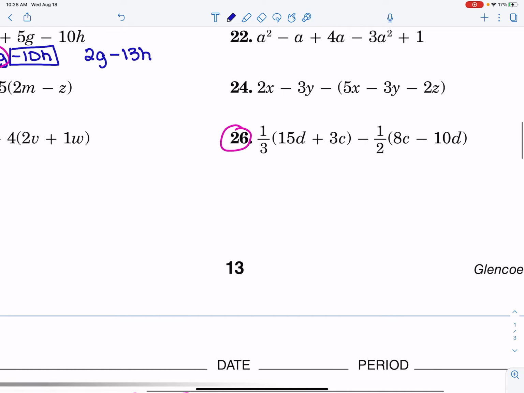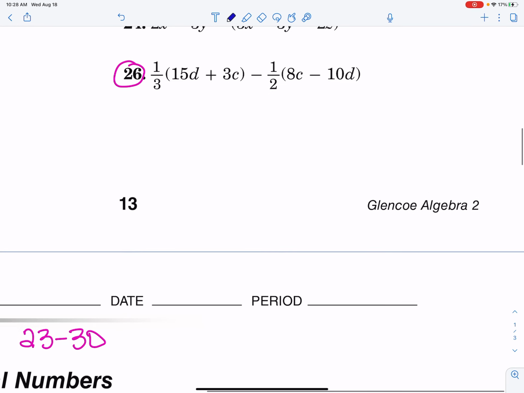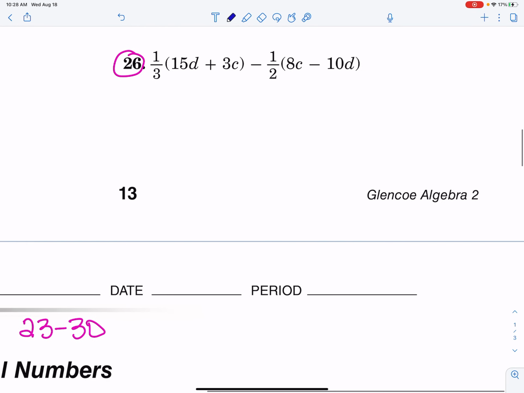Okay, so as soon as somebody shares a shortcut with me, I will share it with you. So here's a shortcut for multiplying a fraction times a whole number. When we're doing distribution, we are going to ultimately multiply 1/3 to 15d.